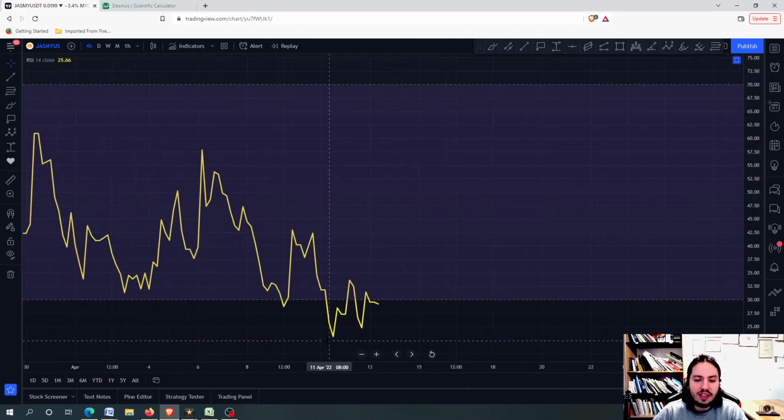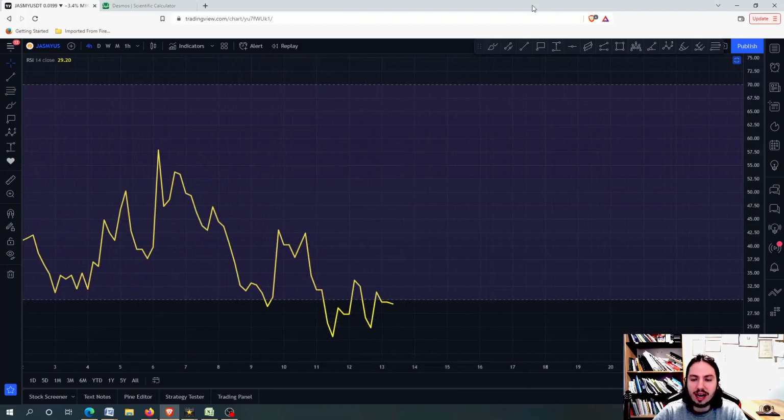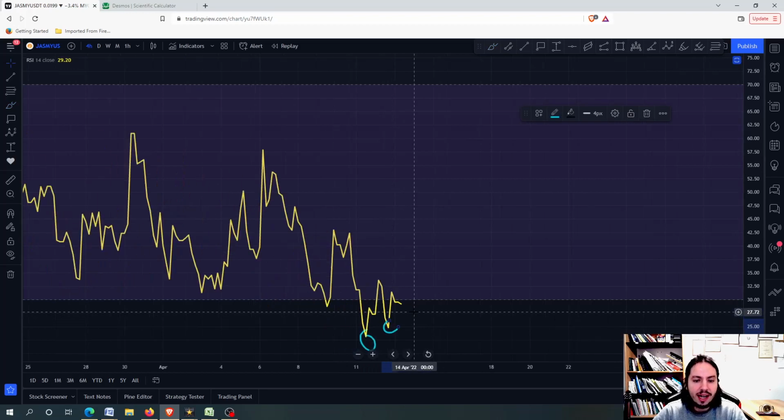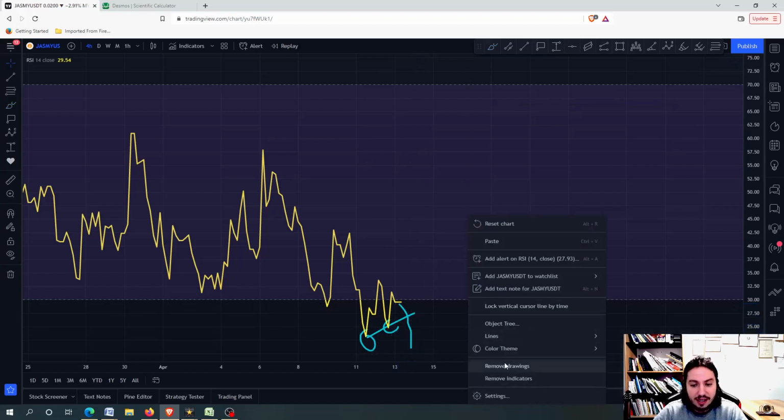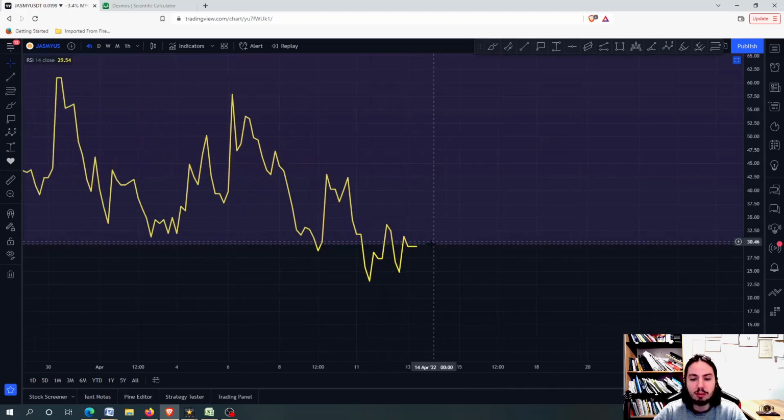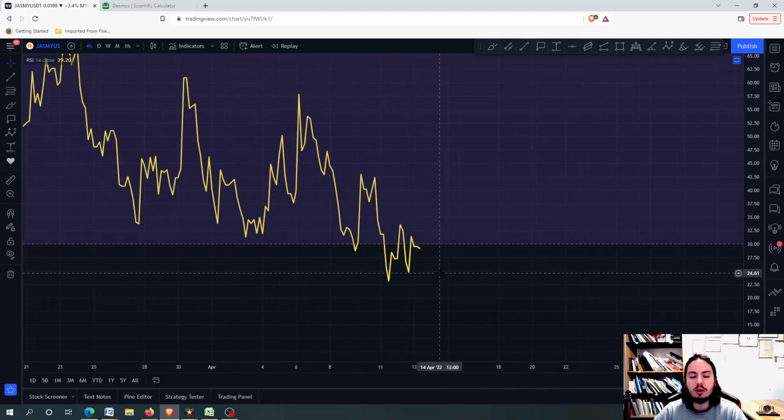Right now on the RSI we have a bullish RSI divergence on the 4-hour frame, formation right here. We haven't seen that before, and right now what we need to do is of course maintain this higher low pattern and not let the RSI move further down, because if we go further down with the RSI, approaching the 21 for example, then we lose the chance to have the bullish RSI divergence and therefore we will go further down.